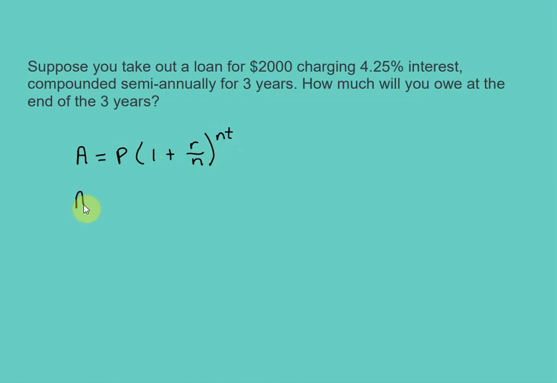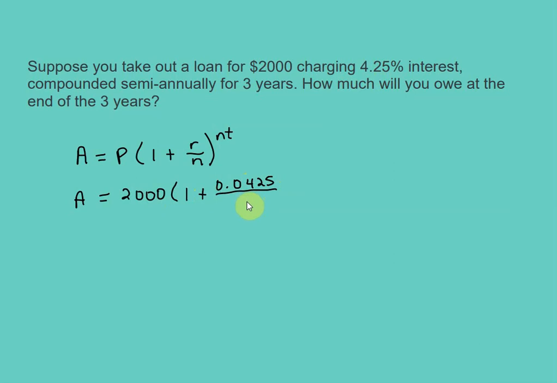So the amount in our account is equal to 2,000 times 1 plus our rate. Move our decimal 2 places to the left, which would give us 0.0425 over n, which is the number of compoundings per year.